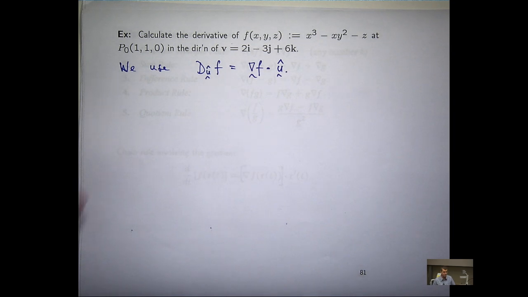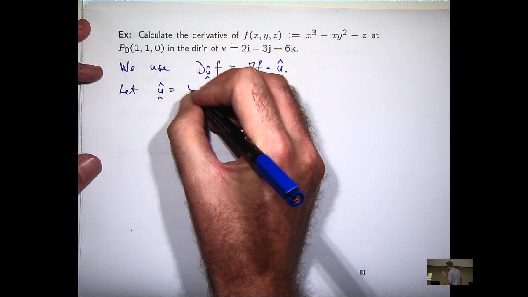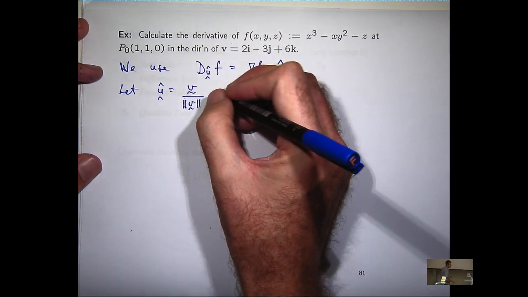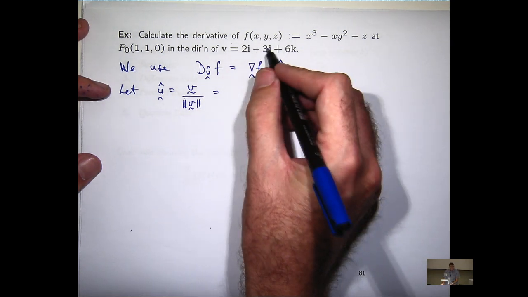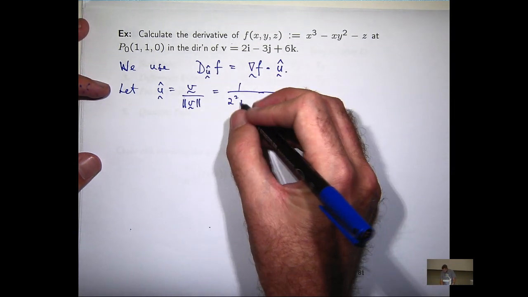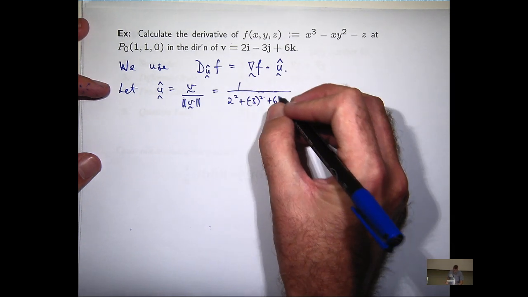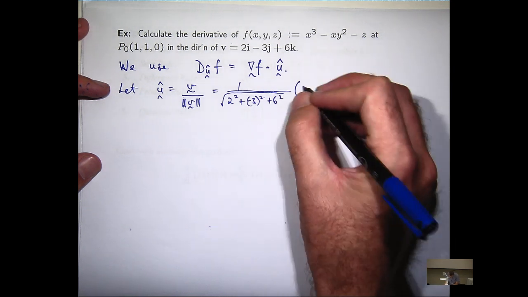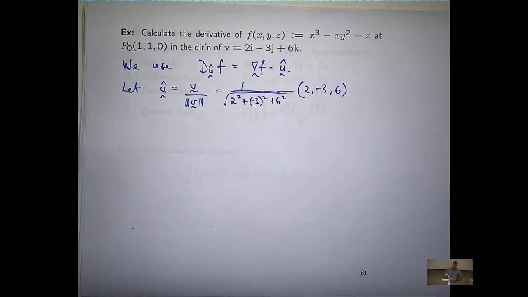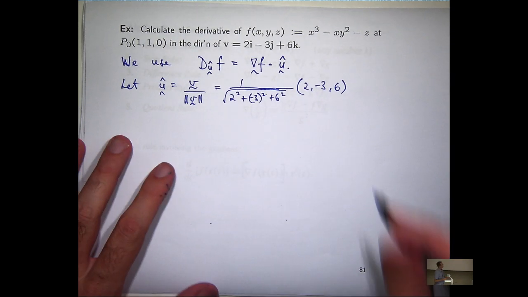Okay, so let's compute it. You square the components and add them, square root and then divide. Now, according to my calculations, you should get 1 on root 49 here.